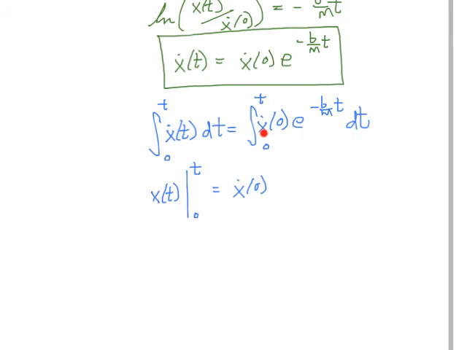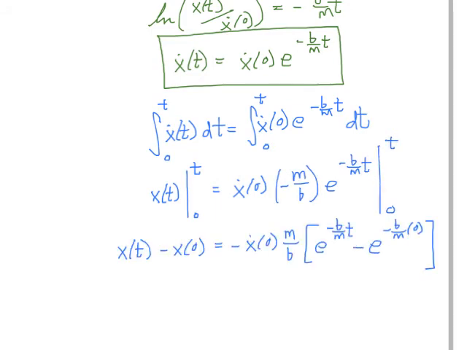Remember that this is a constant, so we carry the constant through, and then we get negative m over b multiplied times the exponential e to the negative b over m t, that entire quantity evaluated from time 0 to time t. We evaluate this according to the fundamental theorem of calculus, and we have one term here on the end in which we have the exponential that's raised to 0. So that turns into 1, and then we evaluate this or solve for our position.